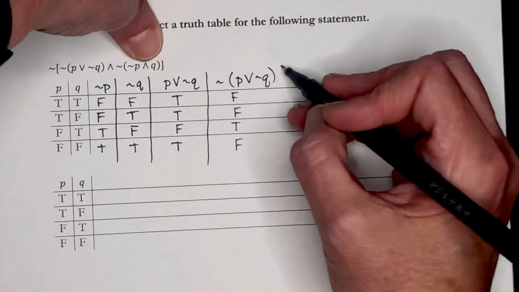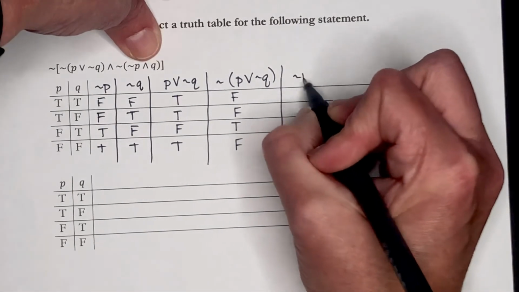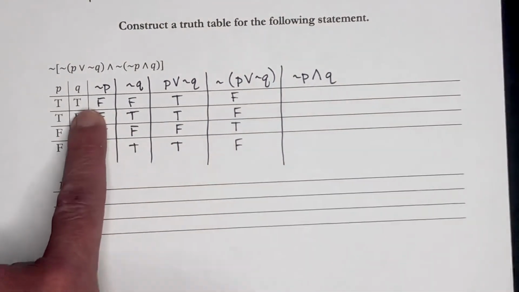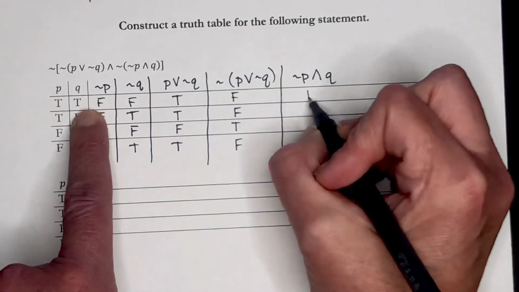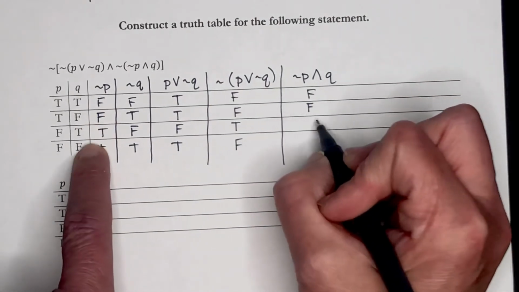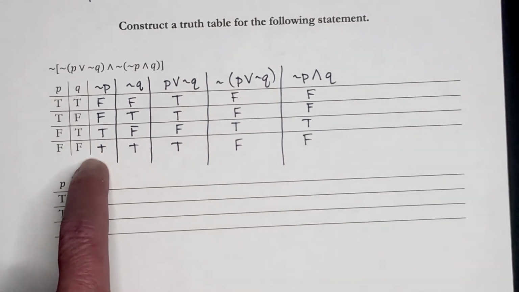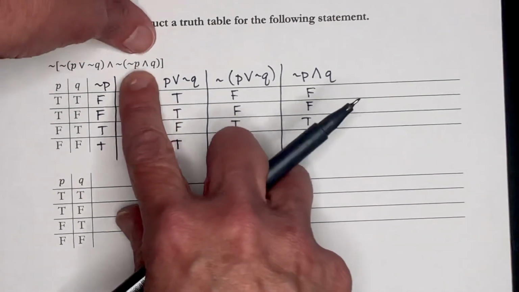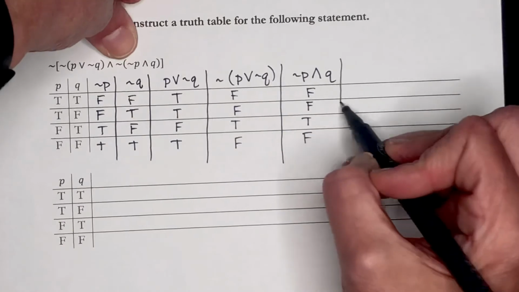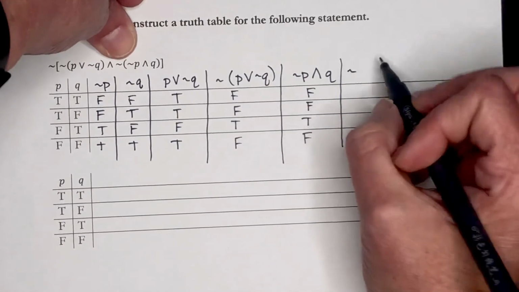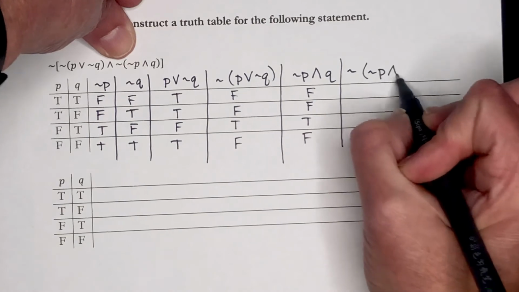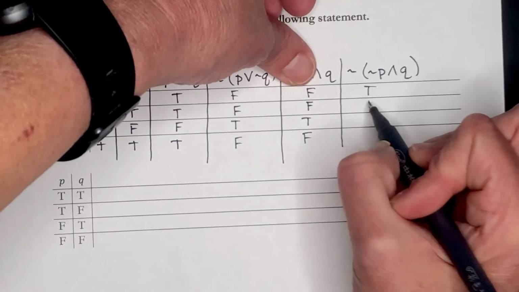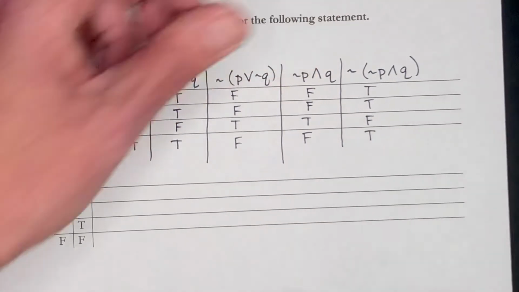Now we're going to do the same thing in here. I have not P and Q. Not P and Q, and that's only going to be true when they're both true. False, false, true, false. Okay, now let's see, so that's inside this parentheses. Now I need to put a not in front of that. Not this, so that's going to be true, true, false, true.